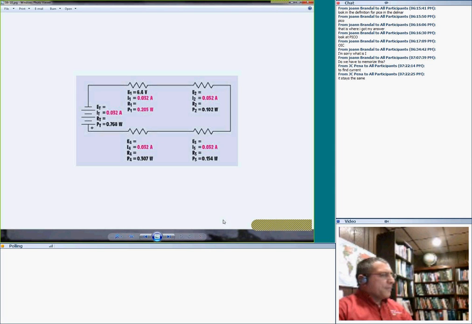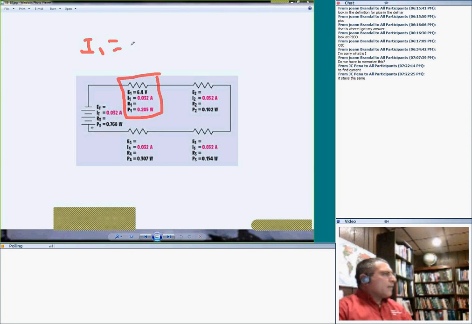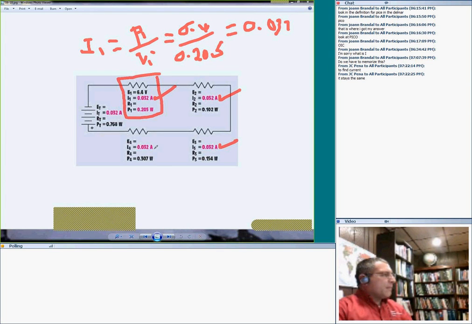Since I found P1, I can find I1 equals P1 divided by V1, which is 6.4 divided by 0.205, and yes, it will equal 0.032. And it doesn't take a genius to tell you that the current stays the same, stays the same, stays the same.